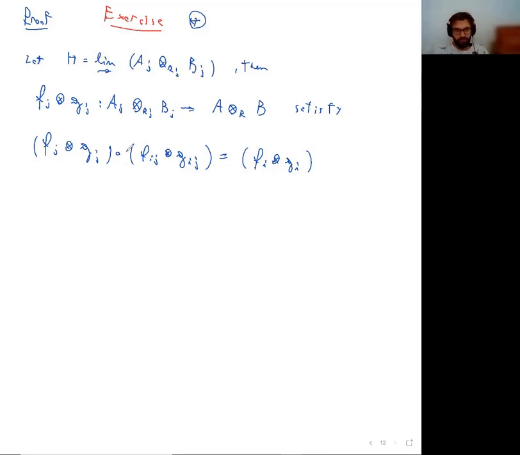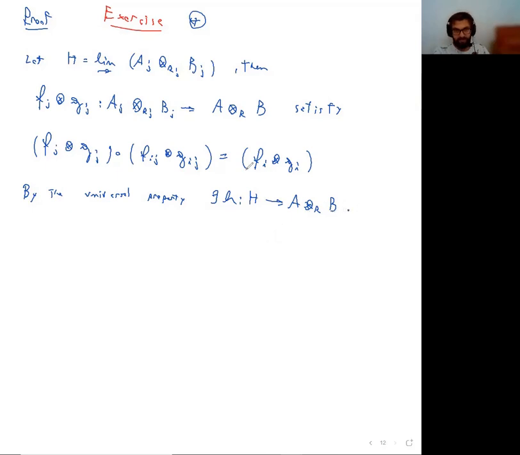So in particular, you can think of these maps here as a map from this directed system, right? In particular, they induce a map from the limit by the universal property. There exists a map H from H into A tensor B, which is basically the one given by this.